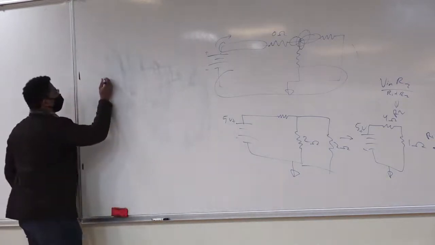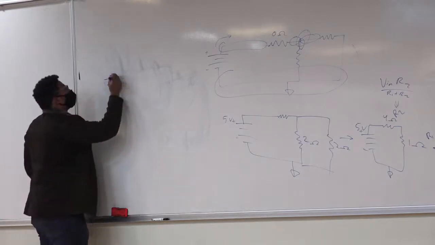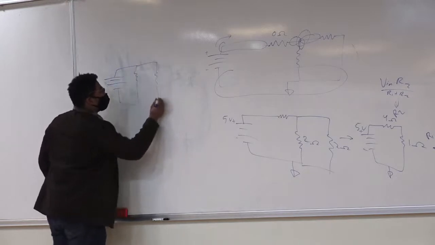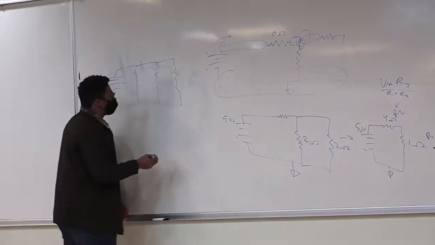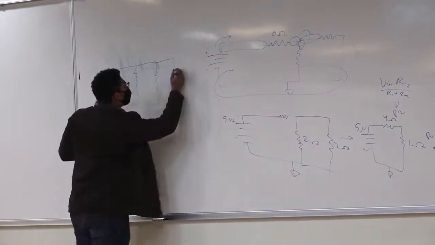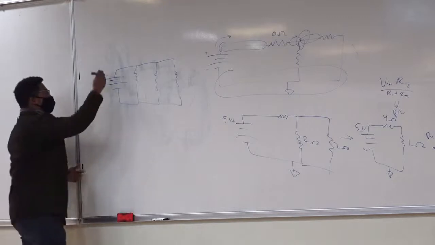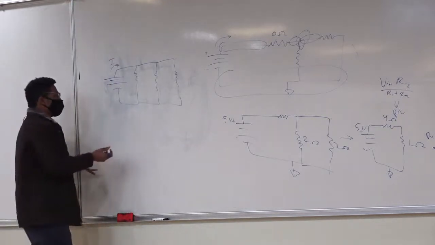So if I have this example right here, let's say I have a big I as my initial current going through it.